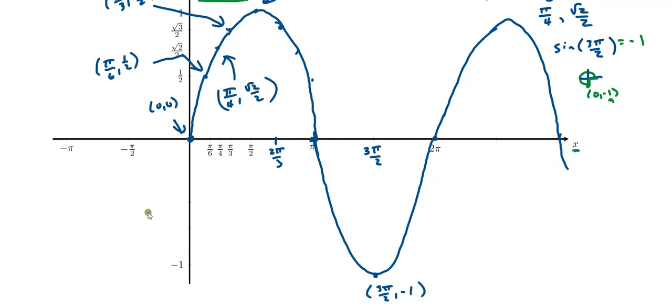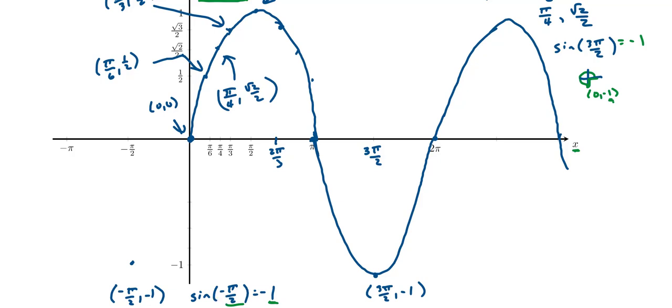We can also sketch this graph going to the left. We know, for instance, that this should have the ordered pair minus pi over 2, comma, -1. Why is that? Because the sine of minus pi over 2 is equal to -1. So this is our independent variable x, and this is its corresponding dependent variable, which is the sine of minus pi over 2.